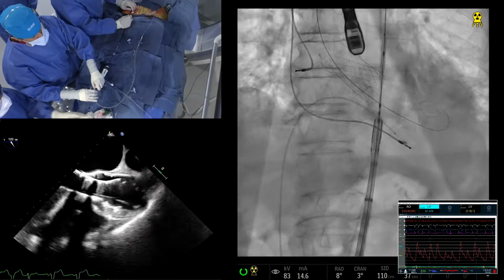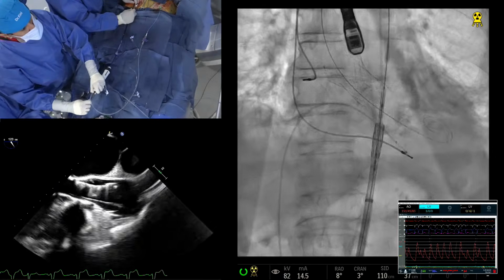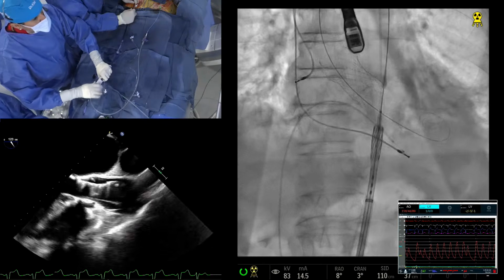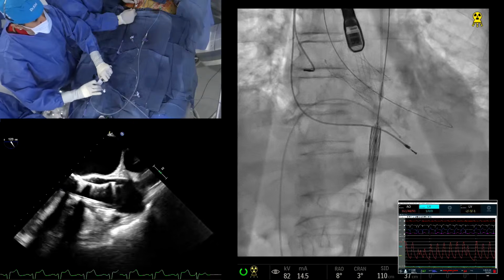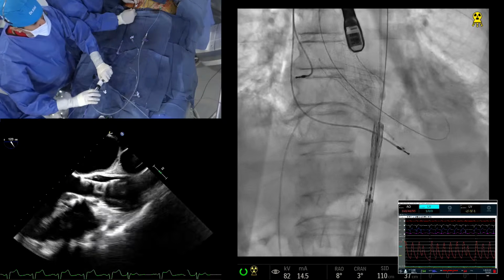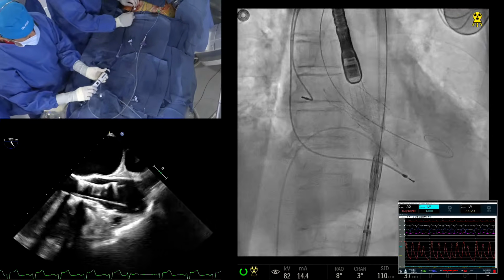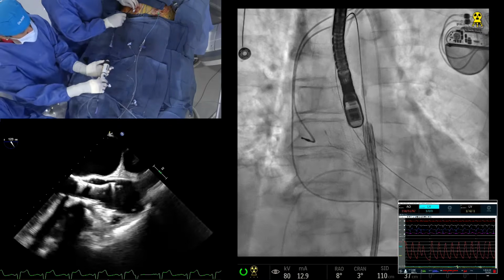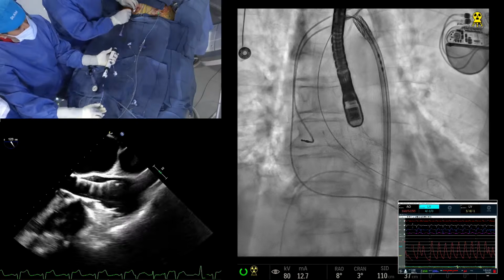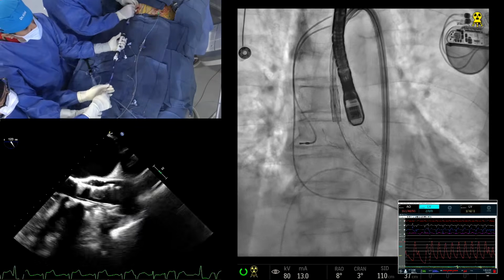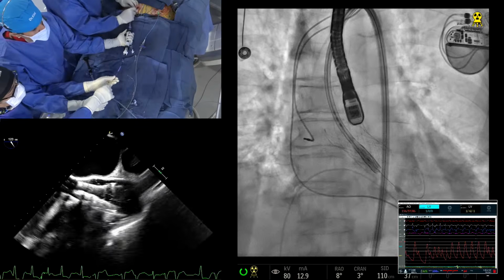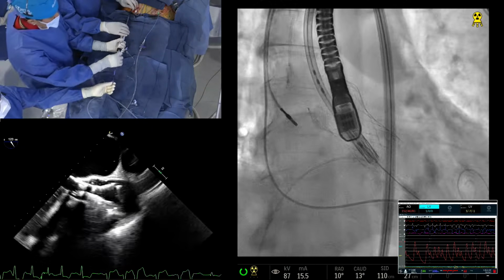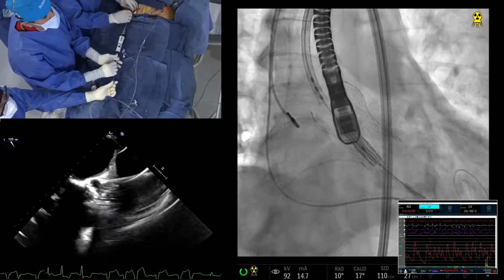Okay, advance. Zoom in. Tee up, please, Stan.